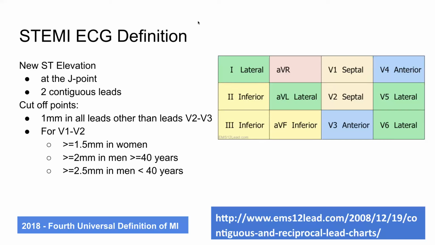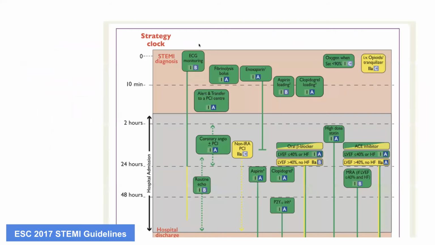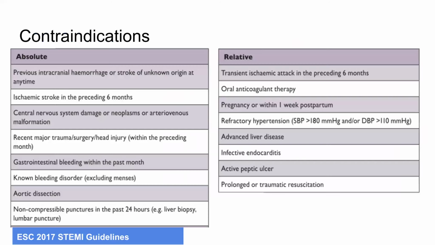So you might get an inferior ST elevation MI on the EKG in somebody who has an ascending aortic dissection. The question is which is which. If you look at the contraindications of thrombolysis, one of them is aortic dissection. They do happen, but fortunately they're very rare.